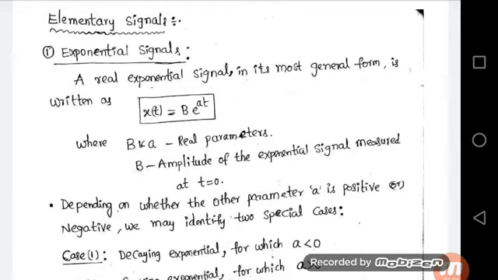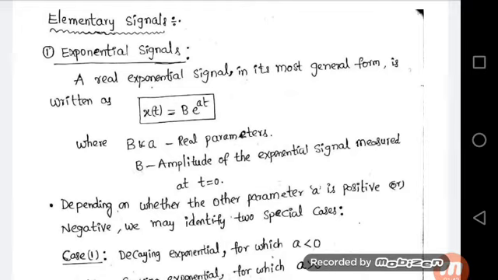A real exponential signal in its most general form is written as x of t equal to b e power a t, where b and a are the real parameters of the function. b is the amplitude of the exponential signal, measured at t equal to 0.